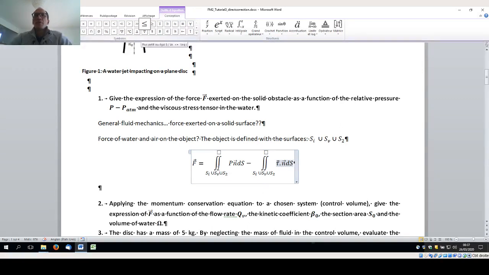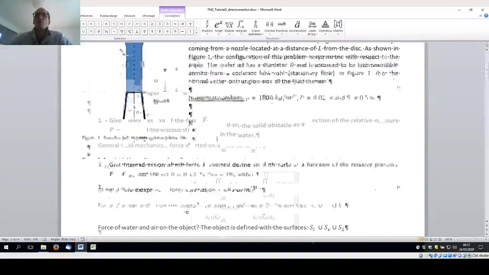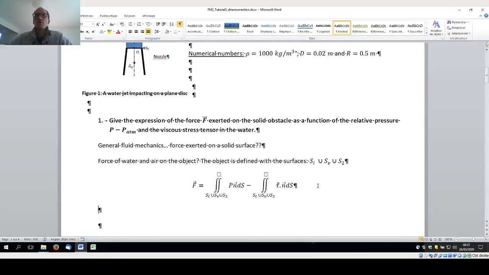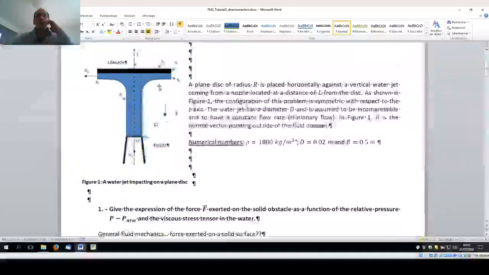Okay, so once we have written this, maybe we can try to simplify this expression a bit. What do we know about the force exerted here?